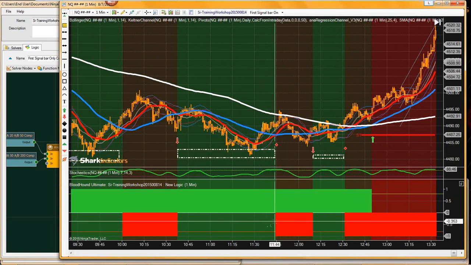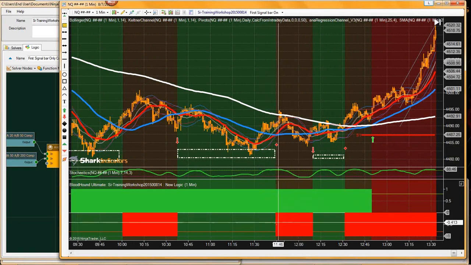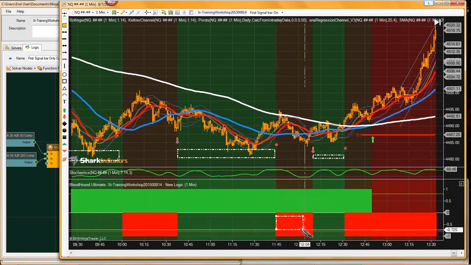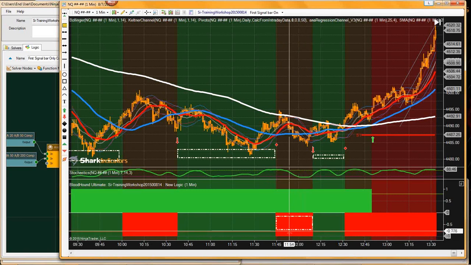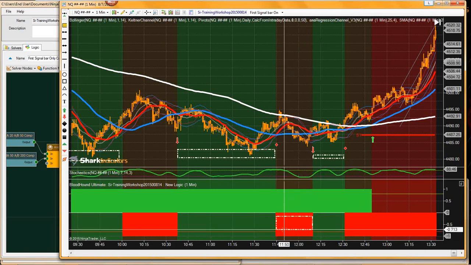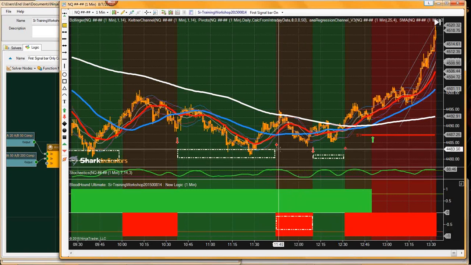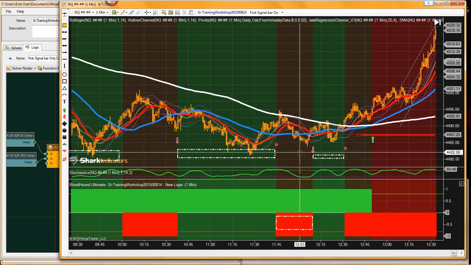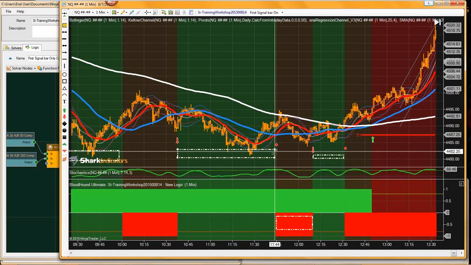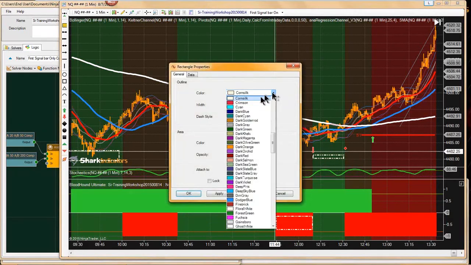Okay, so if I look at BloodHound's output, right here, I'm getting a short where there used to be no signal. Remember, in between, let's color code this.